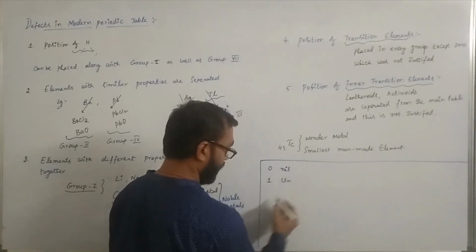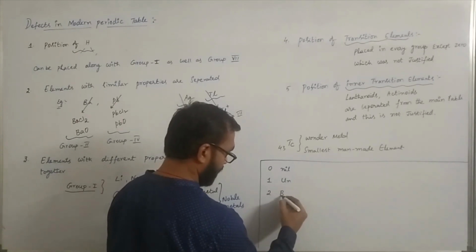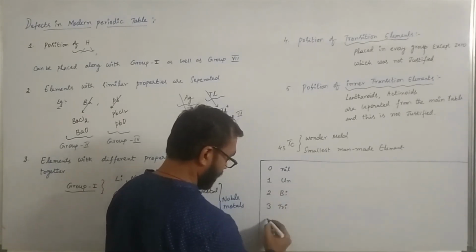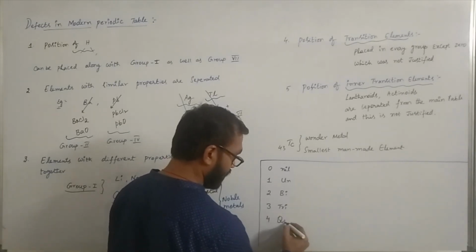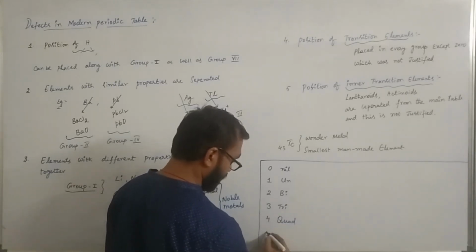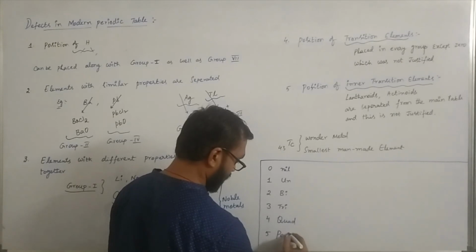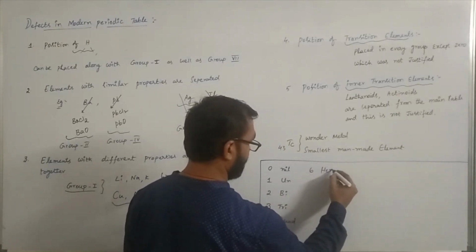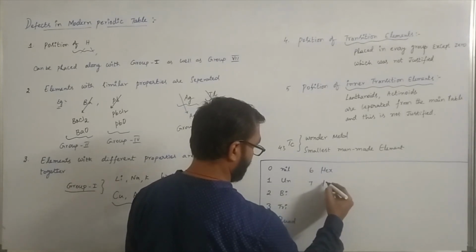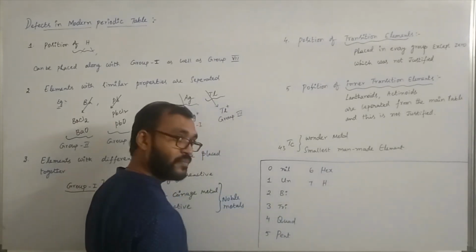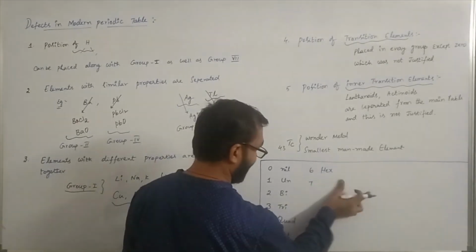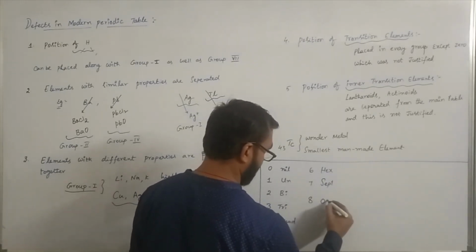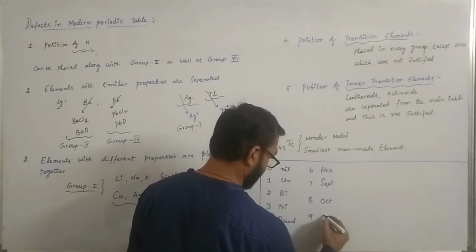One, un; two, bi; three, tri; four, quad; pent, hex, sept, oct, en.